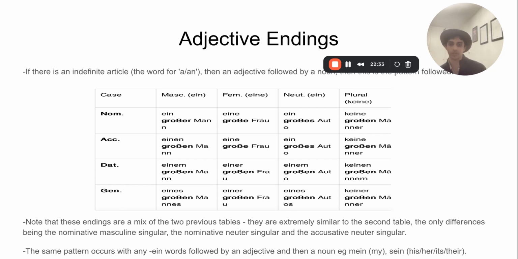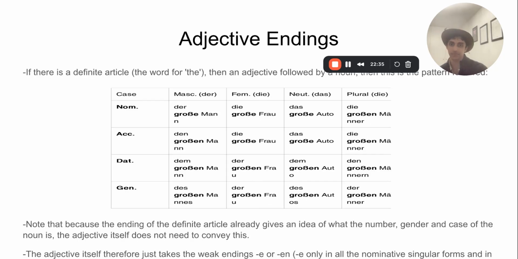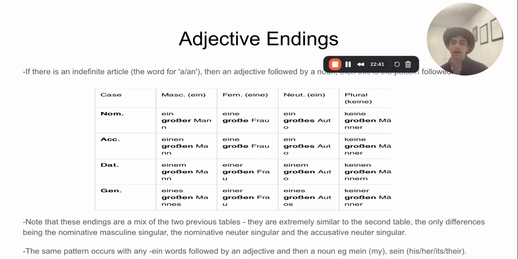So what I would remember is the second table. I would try and remember the weak endings for adjectives, as in the second table, and then remember the few exceptions that are present here in this third table. You can see that the vast majority of endings here, for the adjective, are in the letter E or en, just as in the second table we came across.